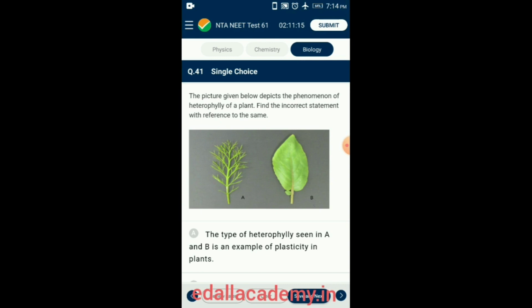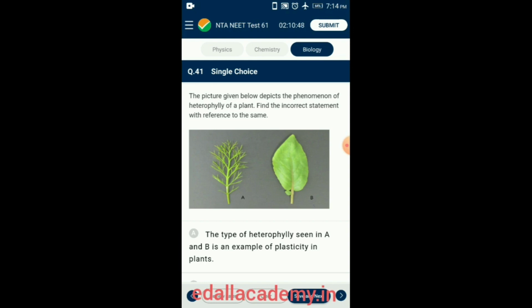Question number 41. The picture given below depicts the phenomenon of heterophylly of plants. Find the incorrect statement with reference to the same. Plants follow different pathways in response to environment or phases of life to form different kinds of structures. This ability is called plasticity. For example, heterophylly in cotton, coriander, and larkspur.